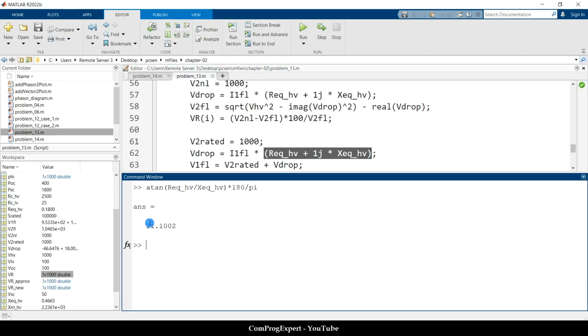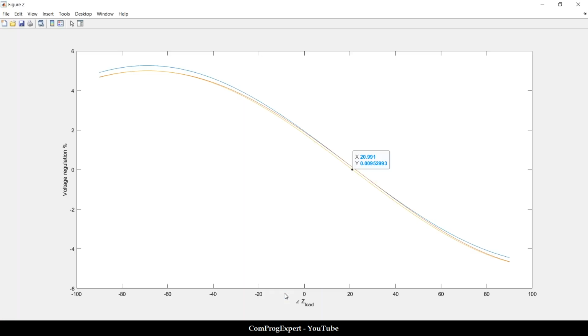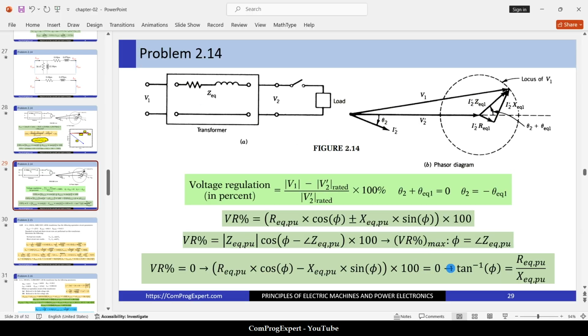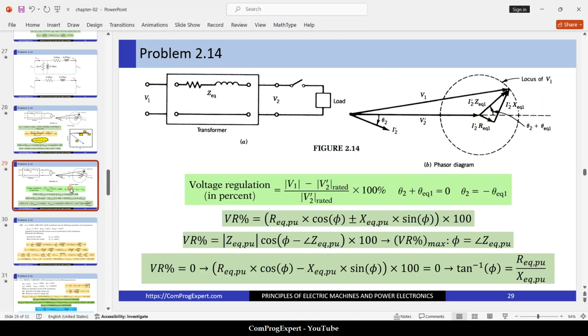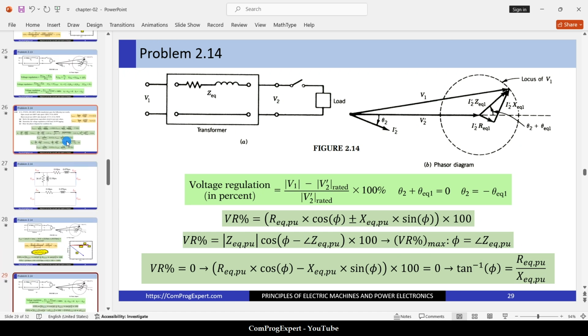So we have a slight difference between these graphs, but this is a good approximation, and we can find these two important relations using this equation. Anyway, you can repeat the same calculations for the voltage regulation.